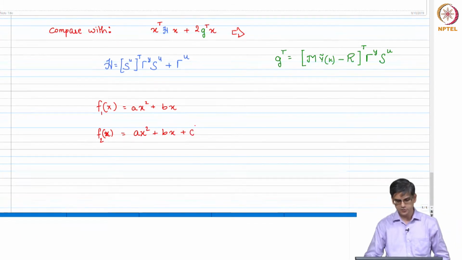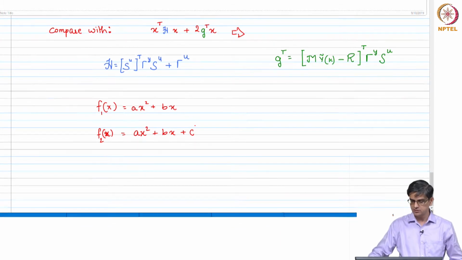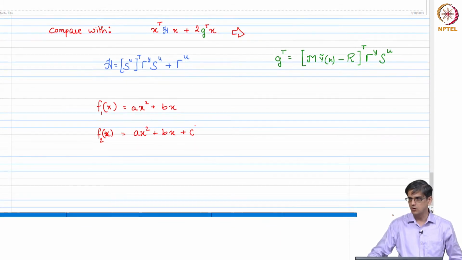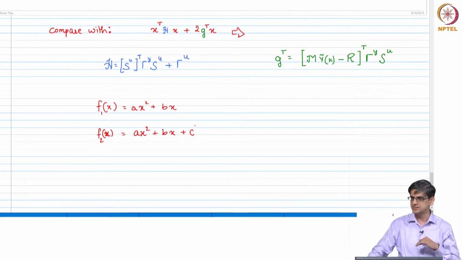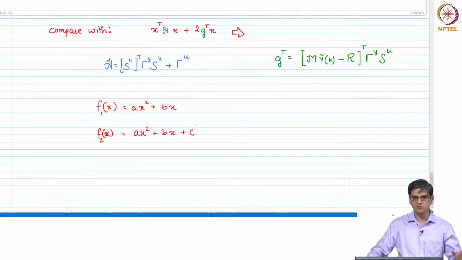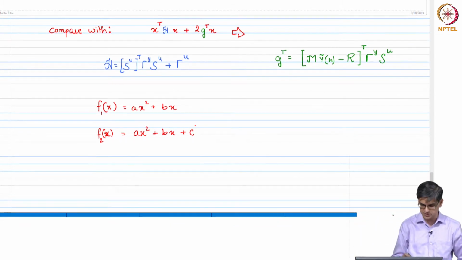I want you to tell me what is the value of x for which f1 is minimum or f2 is minimum. Okay. C does not matter when you are interested in the value of x. C matters for the value of f, but in this problem formulation we are not interested in the value of f, we are only interested in the value of x.